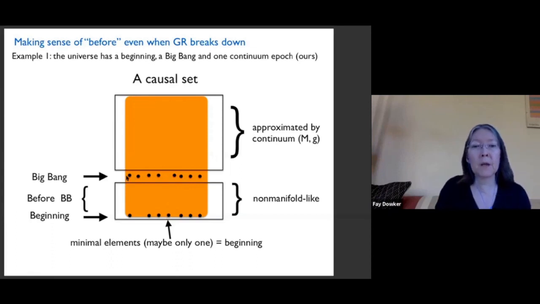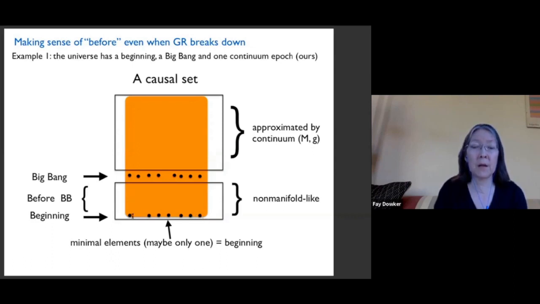And then there is either a region of the slab of the causal set, or maybe a single anti-chain of unrelated elements, which stands for the Big Bang, after which the causal set is such that it's well approximated by a continuum spacetime, say an FRW spacetime. So this is one individual causal set which has these different regions.